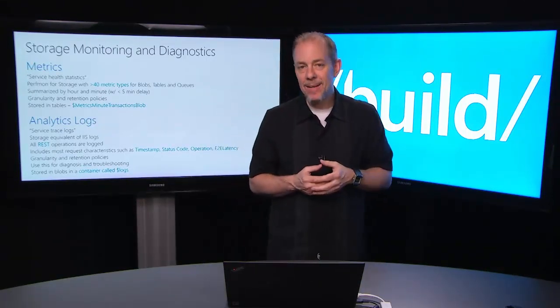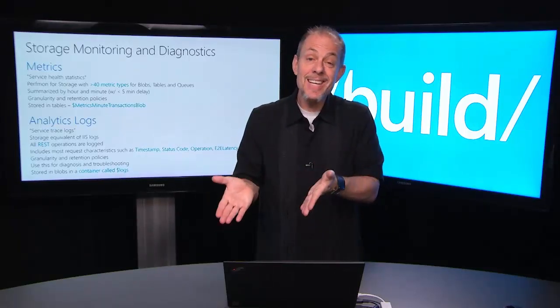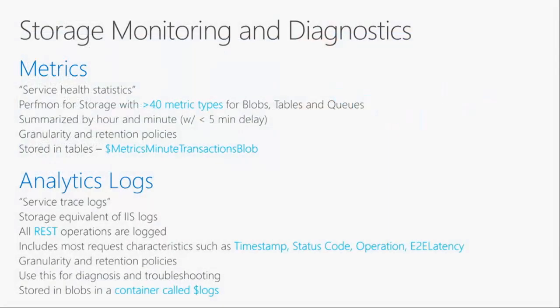Now, there's a couple of things I didn't mention here. We have client-side logging available to you, so if you want to instrument your clients and get some information there, you can do that, as well as the ability to do things like network traces. Network problems are very hard to diagnose, so being able to load a network log trace and look at that is also equally important. And then we've got something called the Message Analyzer tool.